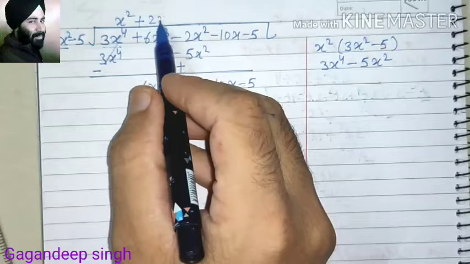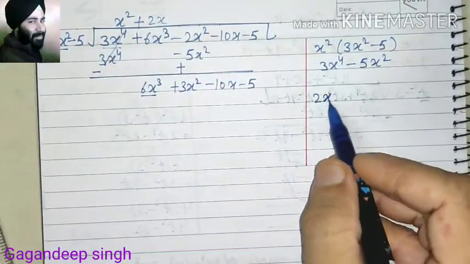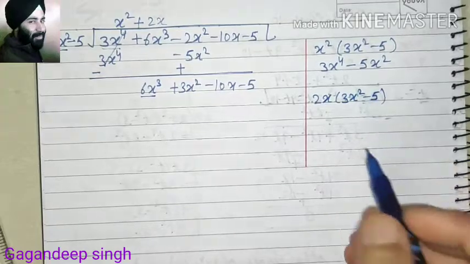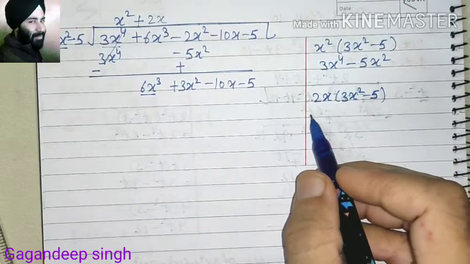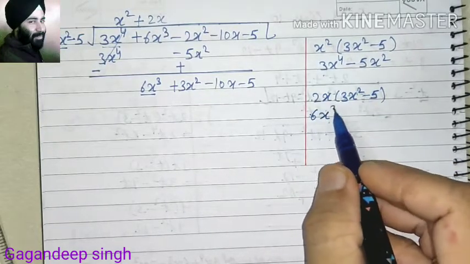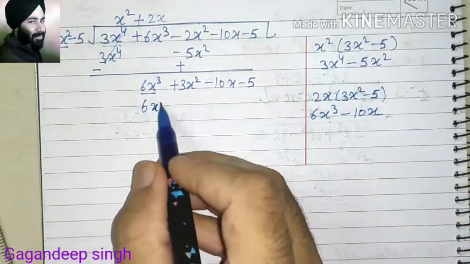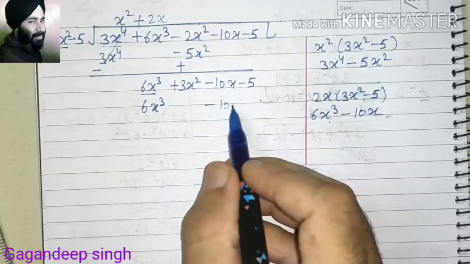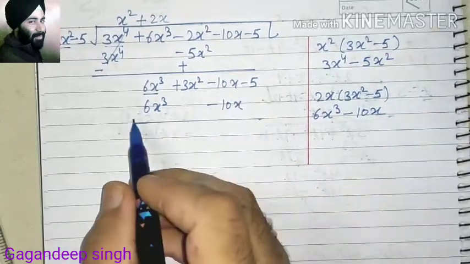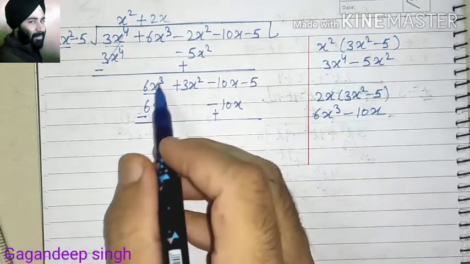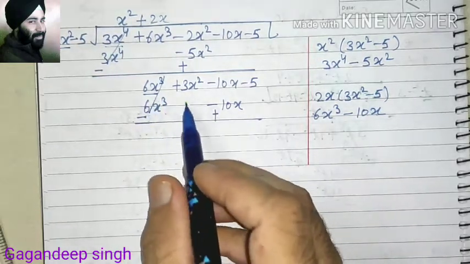So 2x and 3x square minus 5 multiply, it will be 6x cube minus 10x. 6x cube minus 10x. Change the sign of lower terms, minus and plus, cancel.